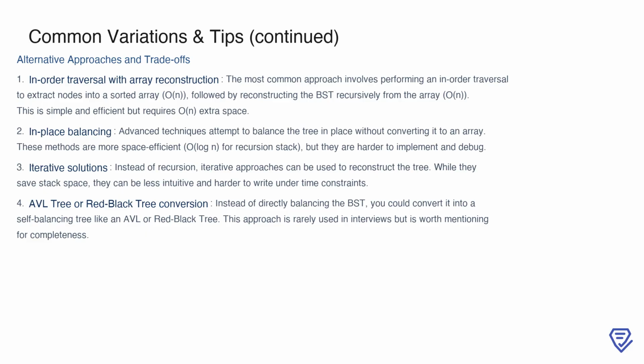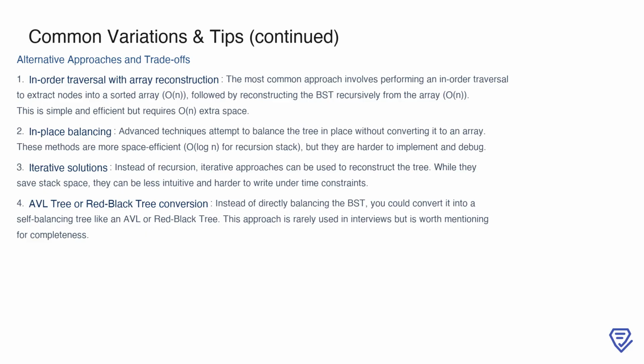Finally, let's consider alternative approaches and their trade-offs. The most common method involves performing an in-order traversal to extract the nodes into a sorted array, which takes O(n) time. You then reconstruct the tree recursively from this array, again in O(n) time. This approach is simple and efficient but requires O(n) space for the array.